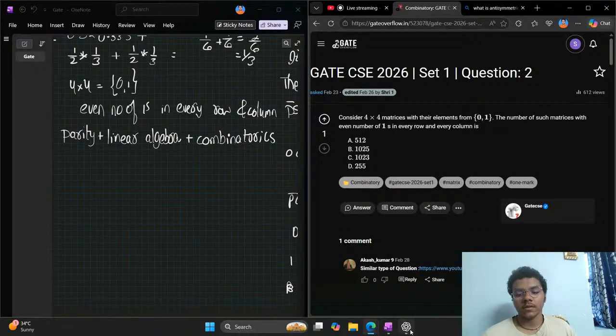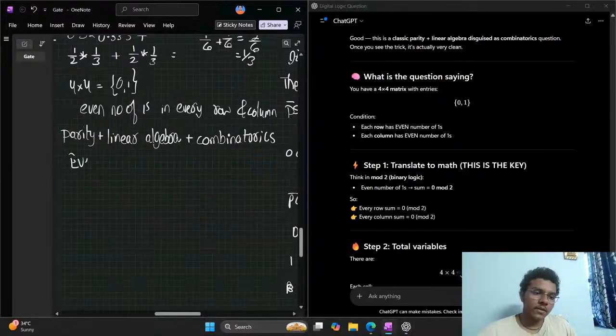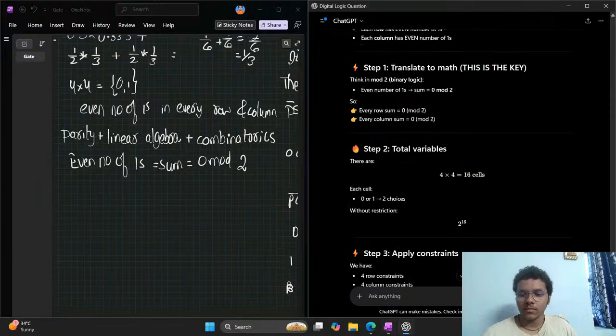Yeah, this is the one. So, think of mod 2. Even number of ones is equal to sum equals 0 mod 2. What?